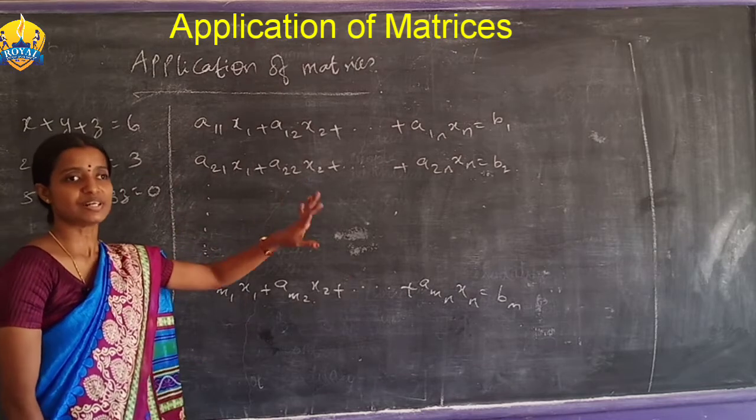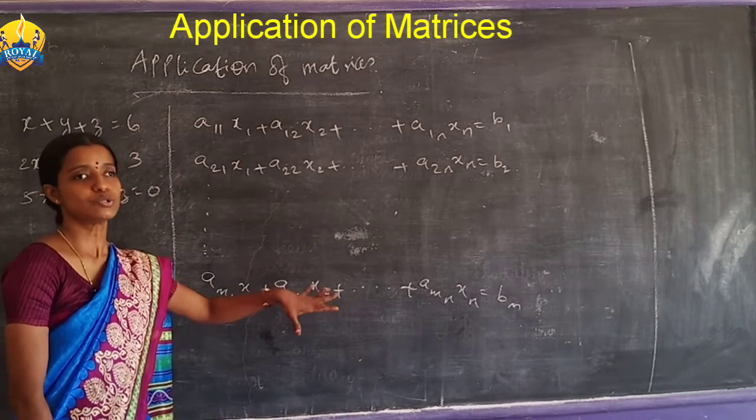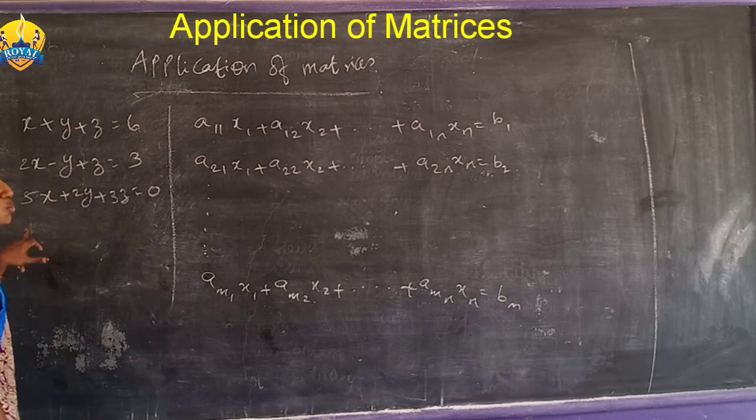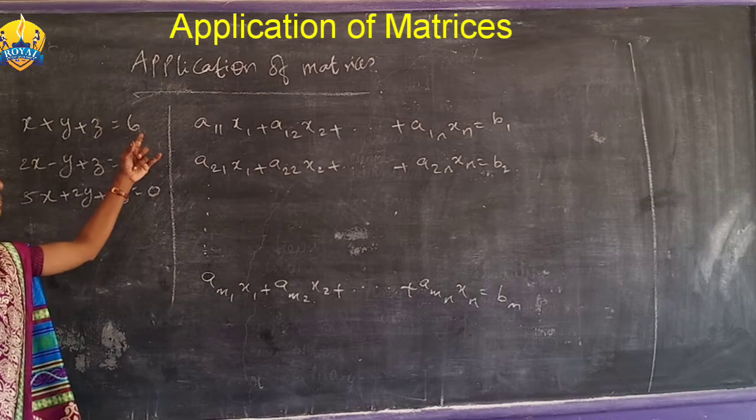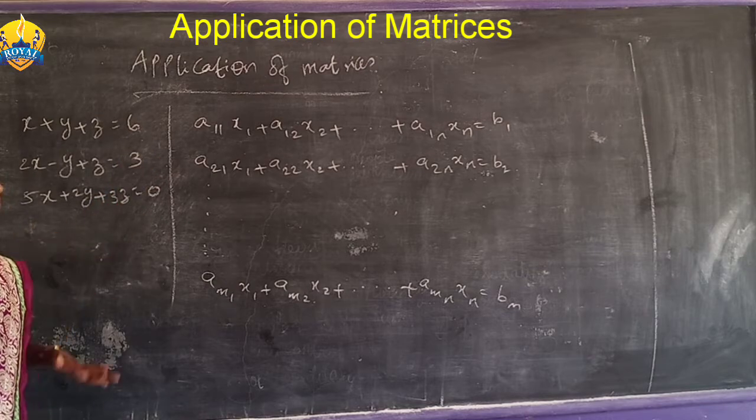Now how are we going to solve this system of linear equations? Here, the coefficients of x, y, z will be taken into account. I am going to solve for x, y, z and my constants will be 6, 3 and 0.